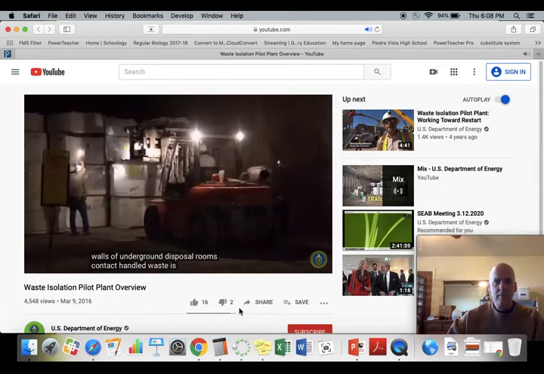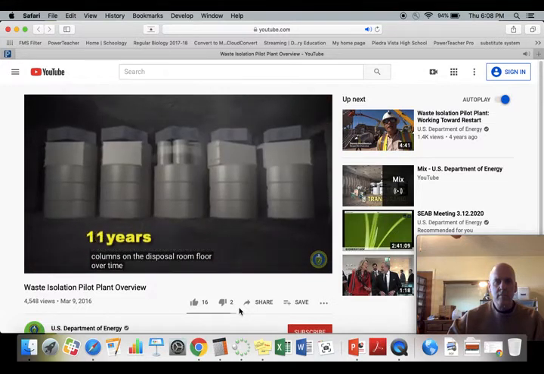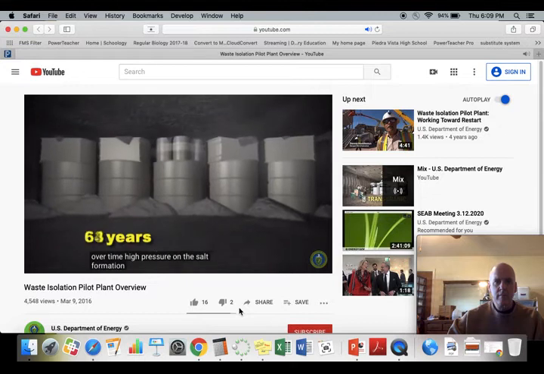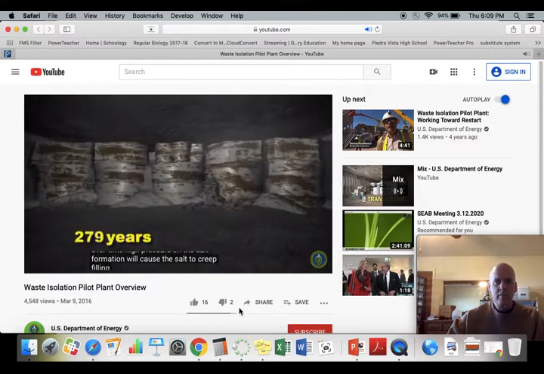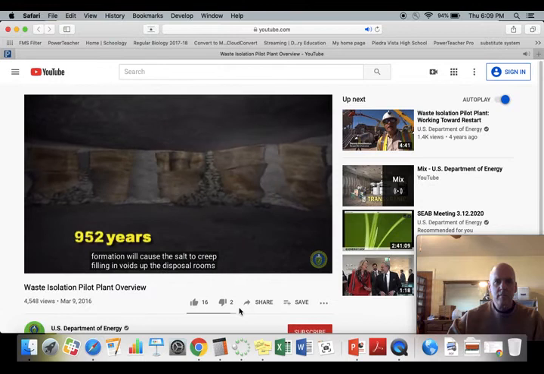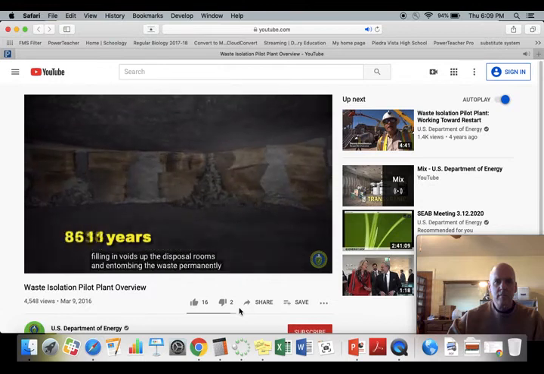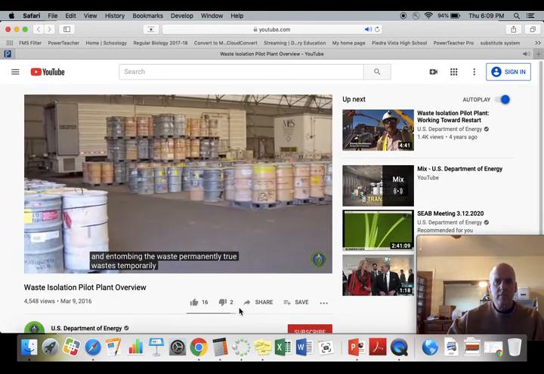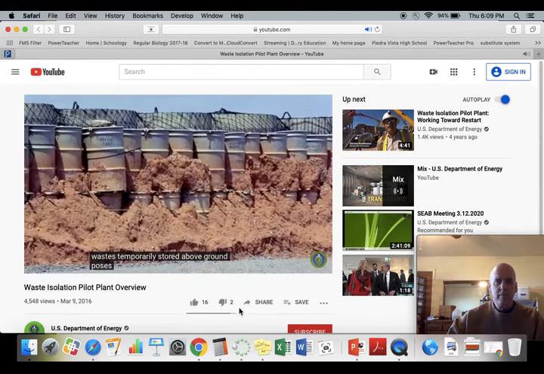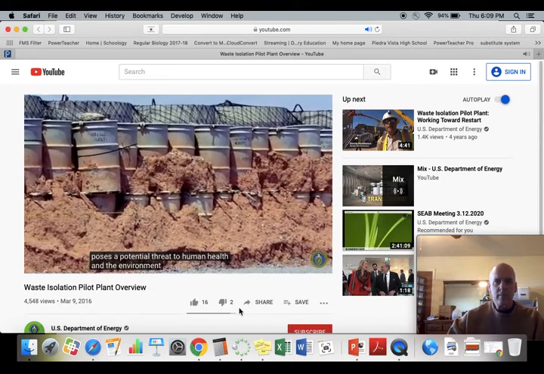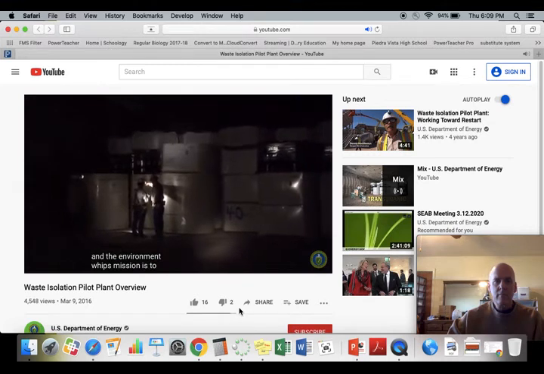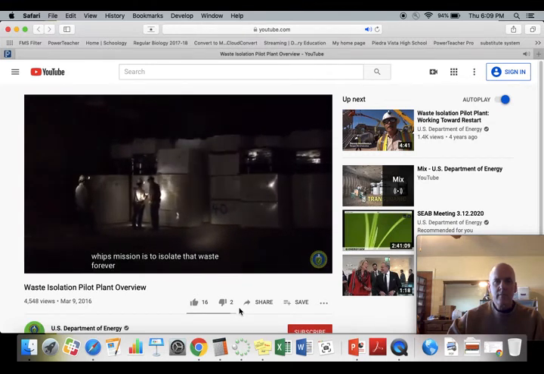Contact-handled waste is stacked in columns on the disposal room floor. Over time, high pressure on the salt formation will cause the salt to creep, filling in voids of the disposal rooms and entombing the waste permanently. TRU waste, temporarily stored above ground, poses a potential threat to human health and the environment. WIPP's mission is to isolate that waste forever.